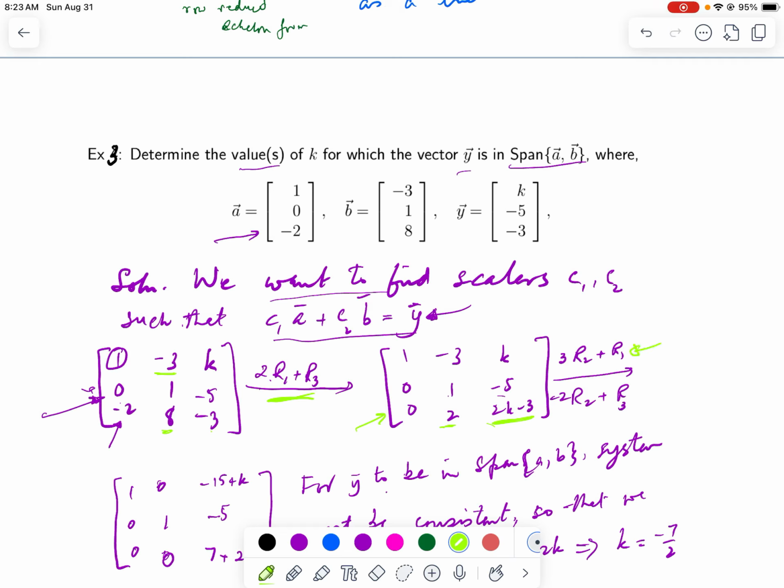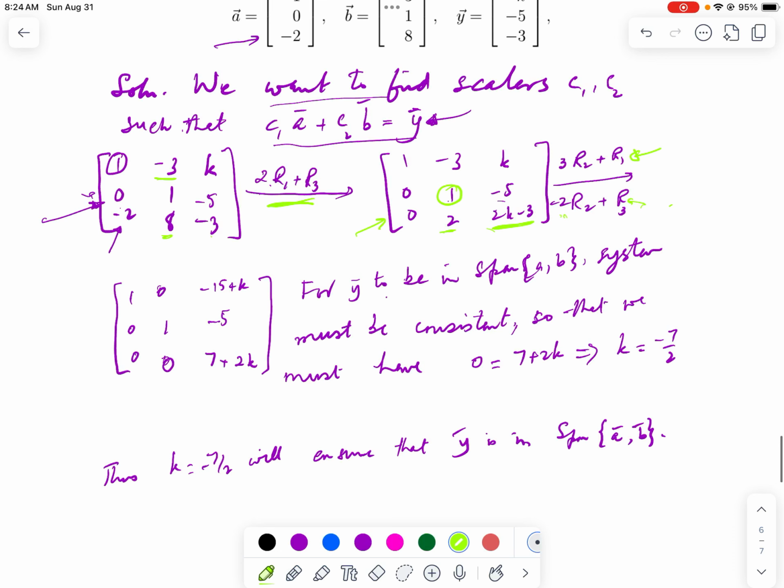Multiply the second row, because now the pivot entry is over here, by 3 and add it to the first row. Then I multiply R2 by negative 2 and add it to the third row. So that gives me this matrix.